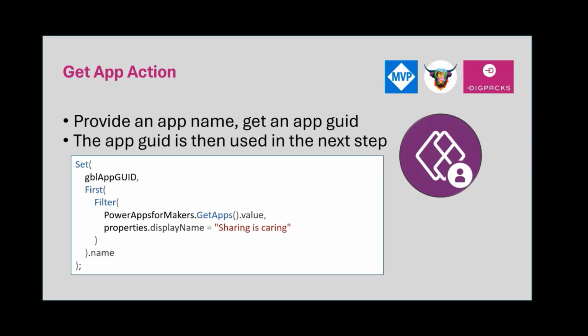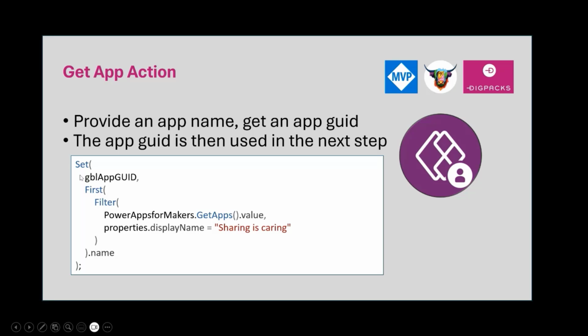We can provide an app name and it returns the app GUID. Worth mentioning, it's get apps, plural. So when we search for this, it's going to give us all of them. We then want to filter by properties.displayName to our app called Sharing is Caring. And really, really strangely, the GUID that we want back isn't .id, it's .name.